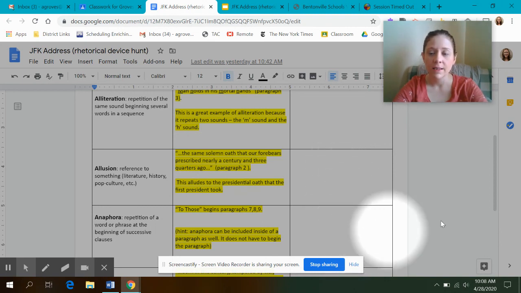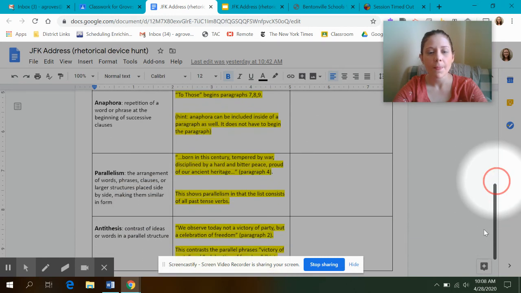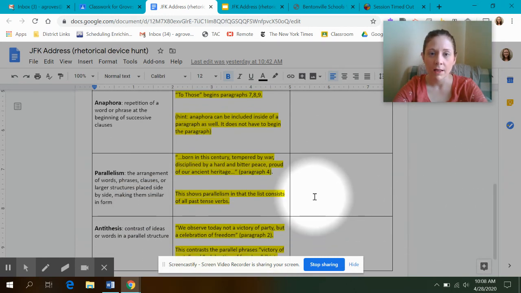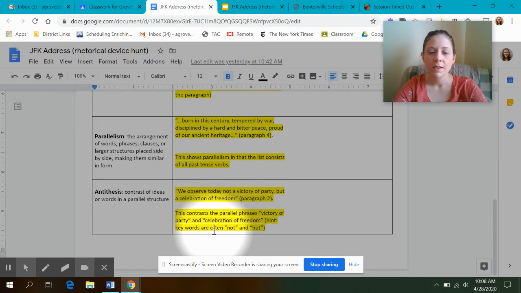You are finding an example of anaphora, an example of parallelism, and an example of antithesis. For antithesis, my best advice is to look for the words "not" and "but," because that will show you where they are contrasting their parallel ideas, or the word "yet." You will see that with the word "yet" too.